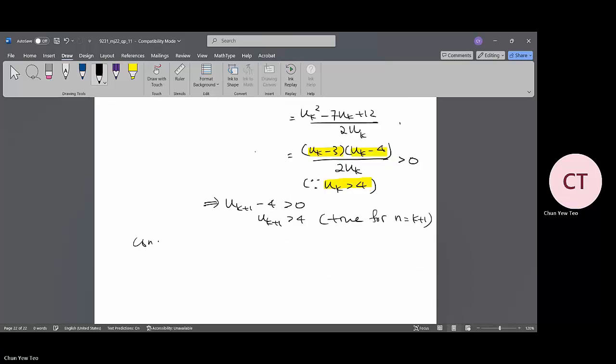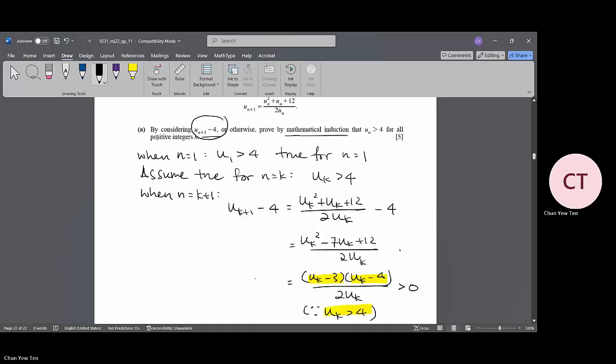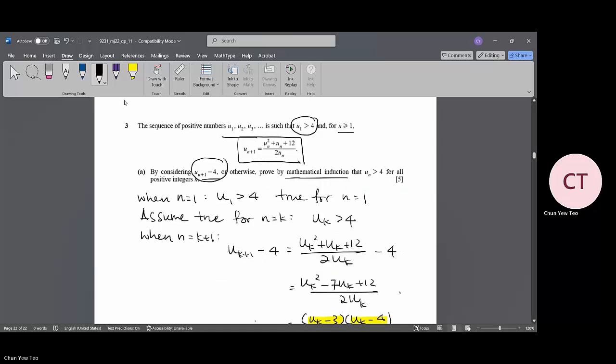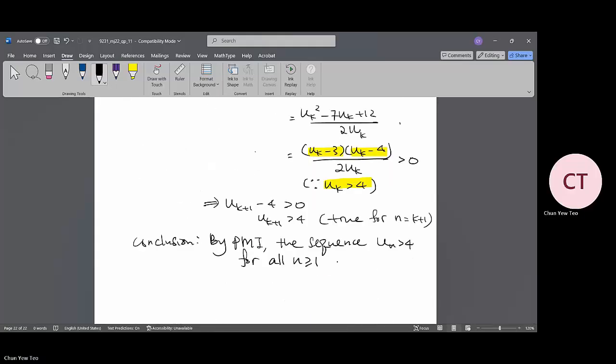So now we come to the conclusion. By the MI, the sequence U_n greater than 4 for all n greater than or equal to 1, given that your U_n plus 1 fulfills this relationship.